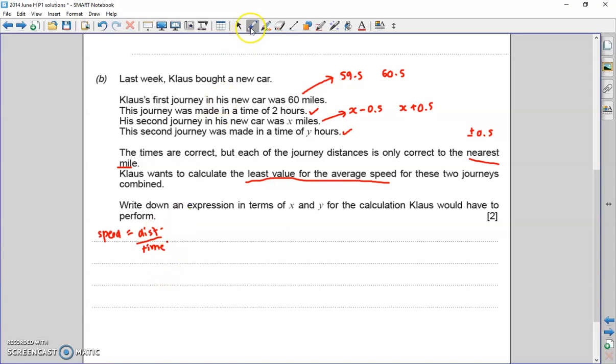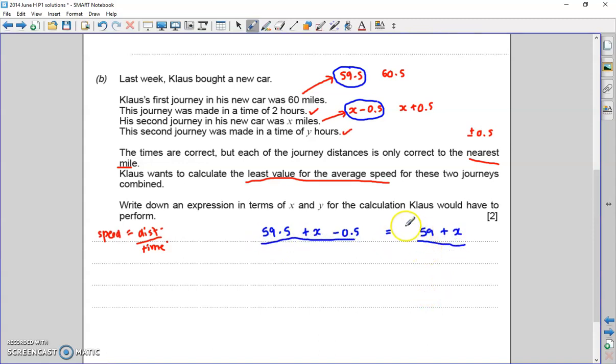So the smallest distance would be this one and this one added up. So we've got 59.5 plus x, take away 0.5. Now that's the same as just doing 59 plus x, all divided by the biggest time.